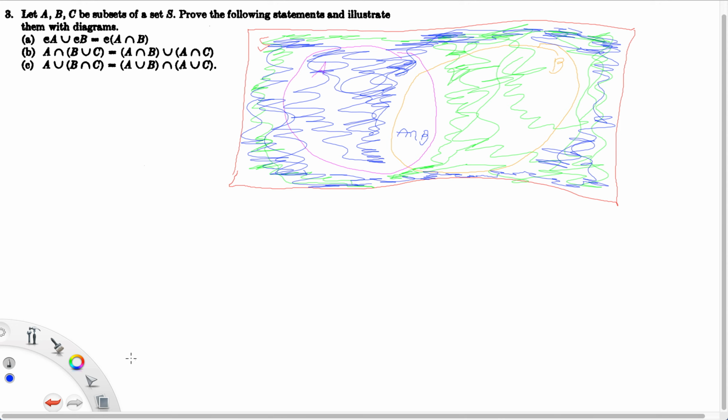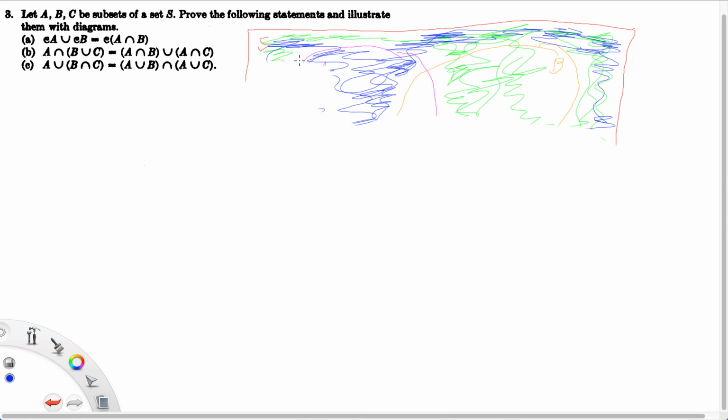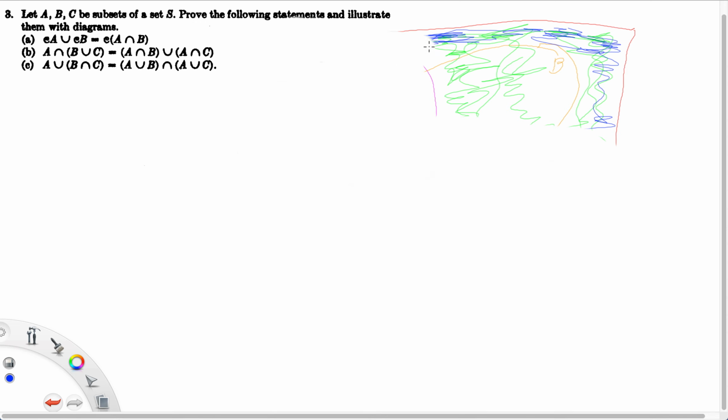And I'm going to erase this. Let me get the eraser. There you go. Okay. So here, oopsie. We are doing a good old set equality.